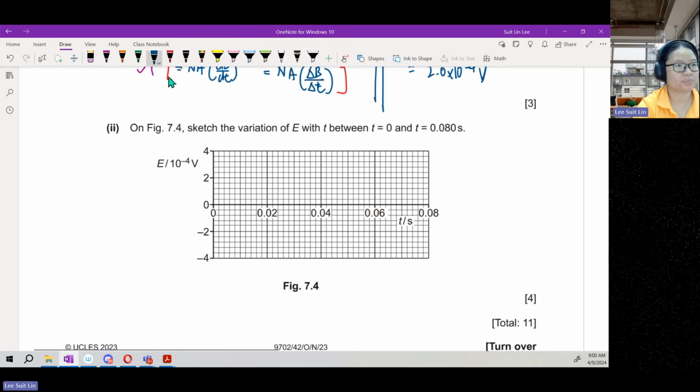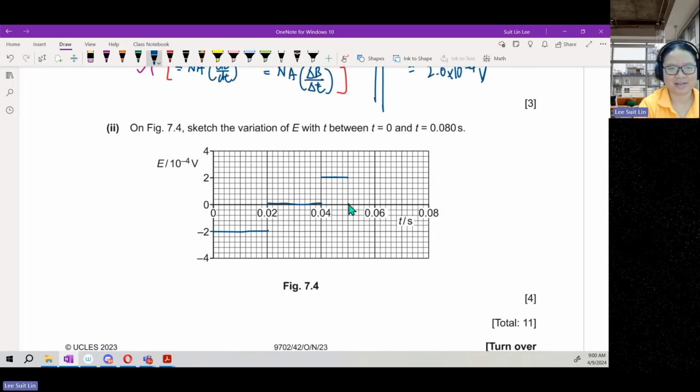So maybe I do want to show a negative. I start with -2, opposition, -2, -2. And then at 0.02 it will be 0, 0, 0. Then for this one, it will be 2, but at least 2 for half the time.